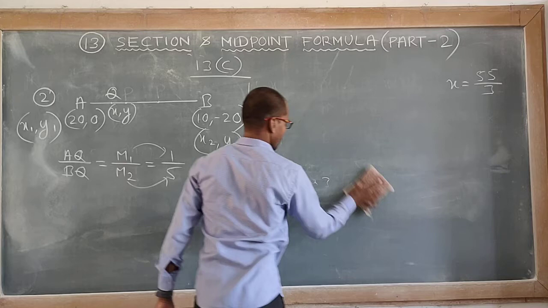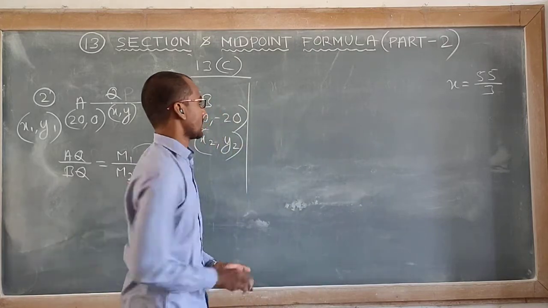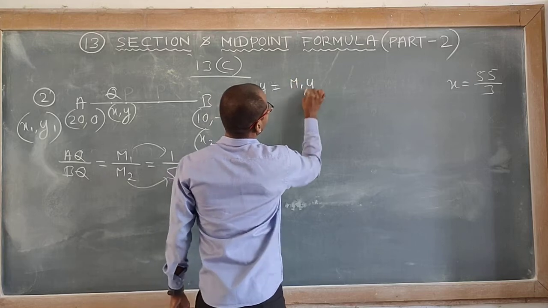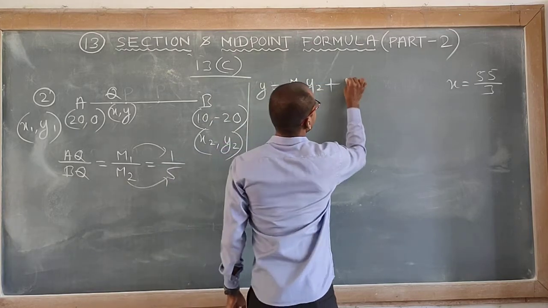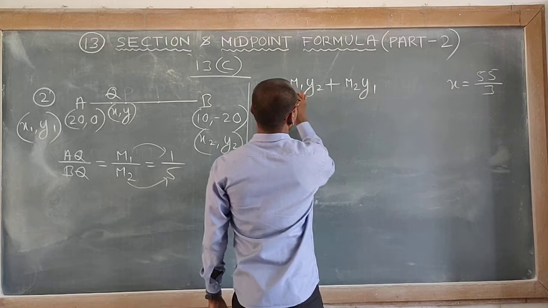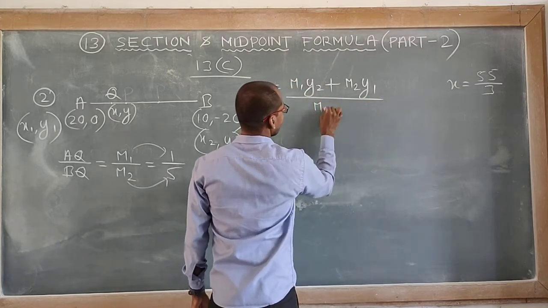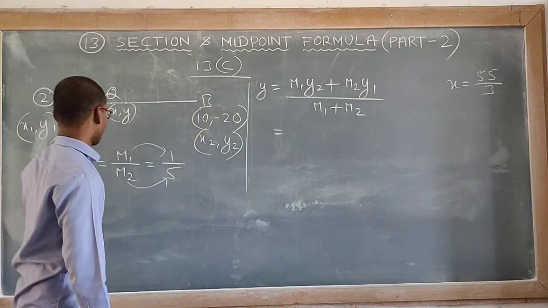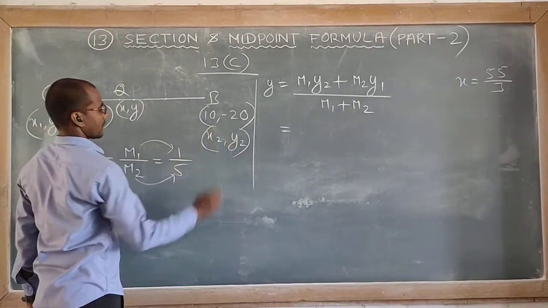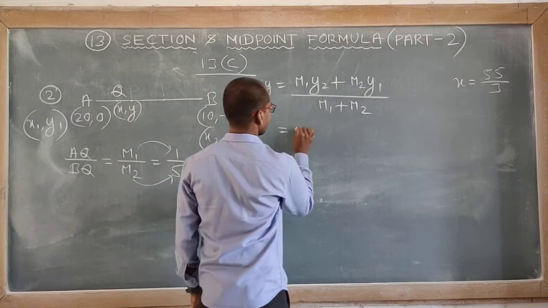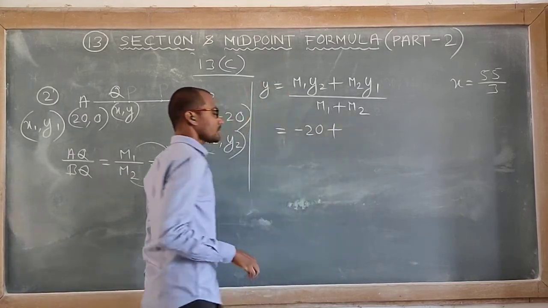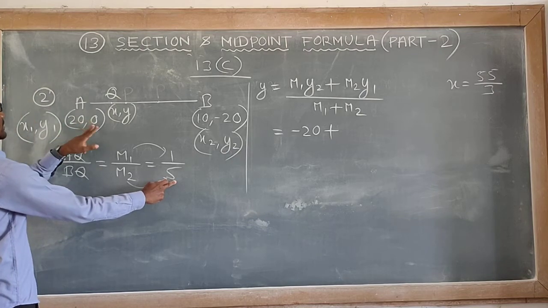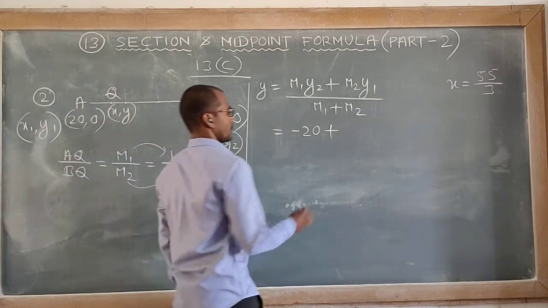Now we will go for the y coordinate. Y is equal to M1 y2 plus M2 y1 by M1 plus M2. What is M1 y2? 1 into minus 20, which is minus 20. What is M2 y1? 5 into 0 is 0.